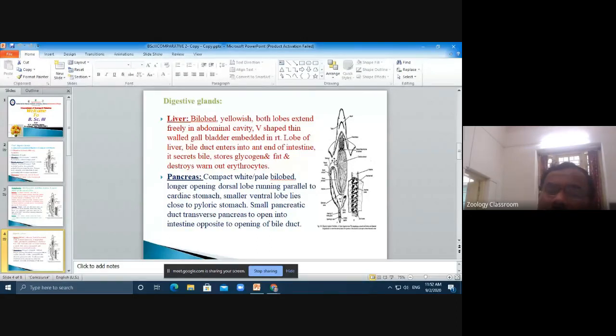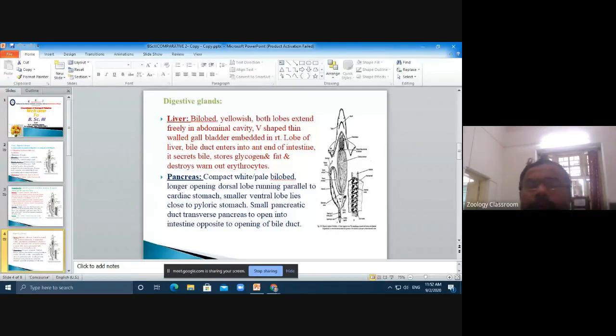But the liver is present in the abdominal cavity on either side of the cardiac stomach. One lobe of the liver is present here, another lobe is present here. While the pancreas is a diffuse gland, it is also present close to the small intestine, in between the cardiac stomach and the pyloric stomach.